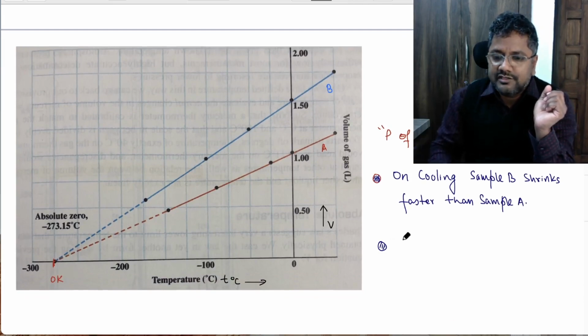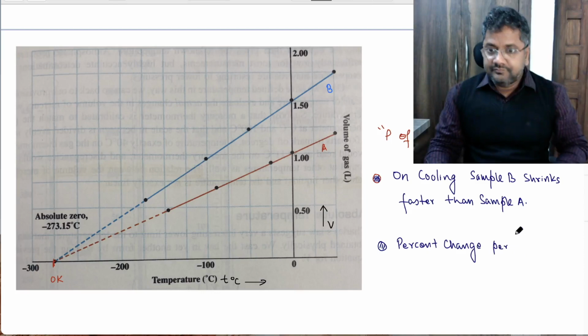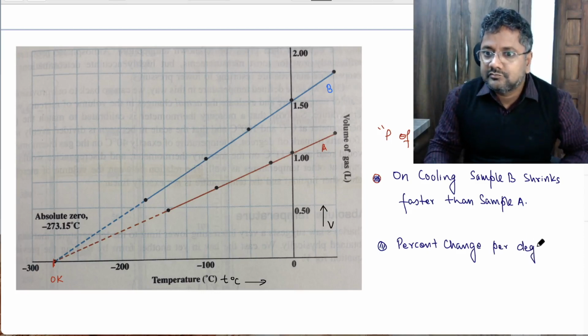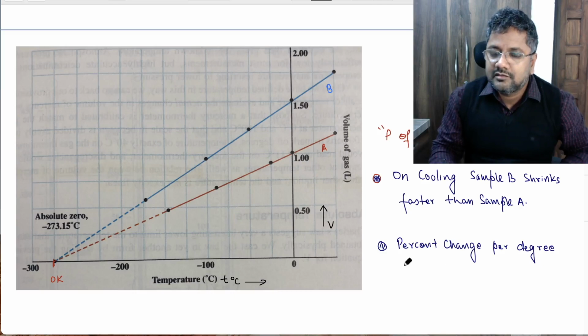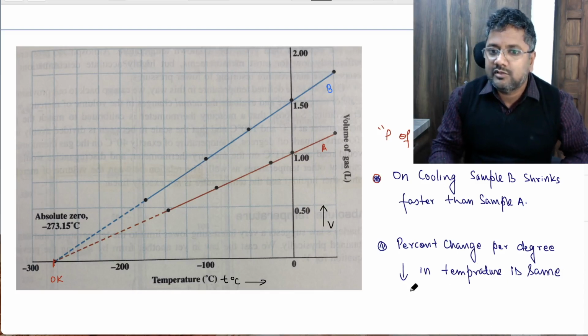So percent change per degree decrease in temperature is the same for both the samples.